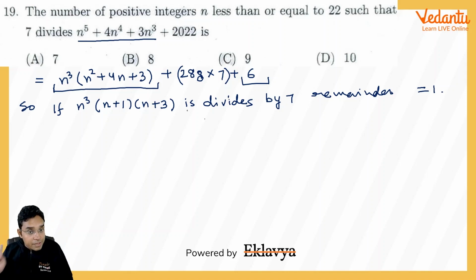Now we have to think what kind of number n could be, and we have to think in terms of that 7k or 7k plus 1 and so on.